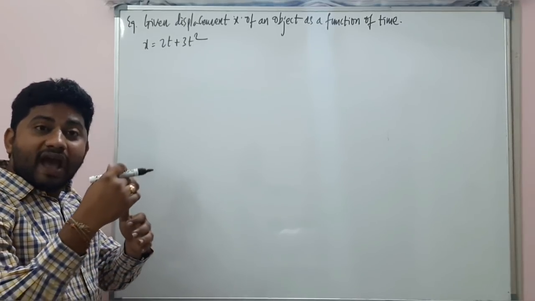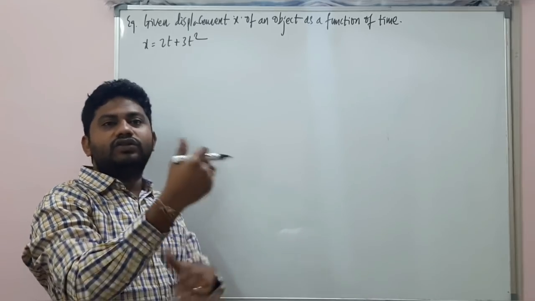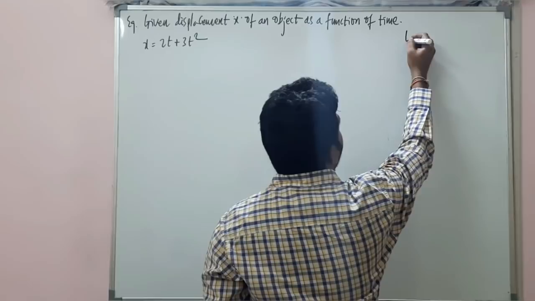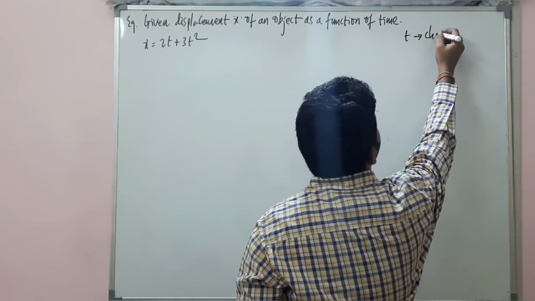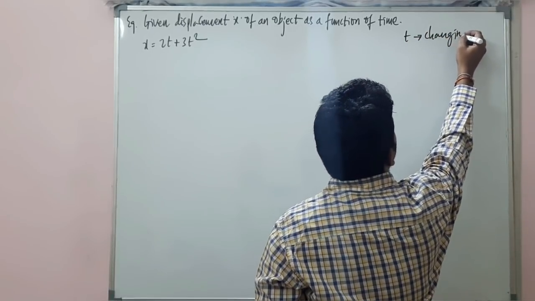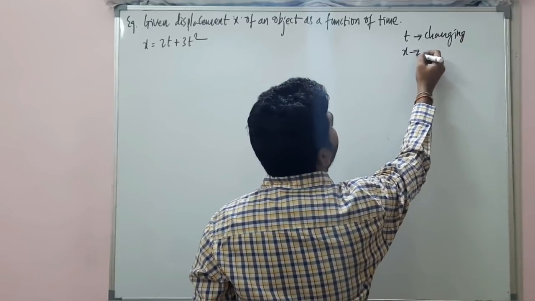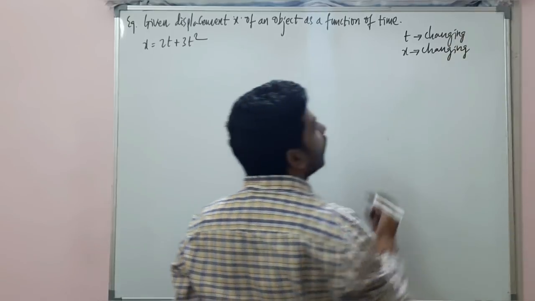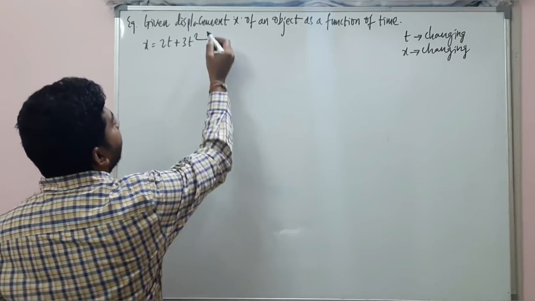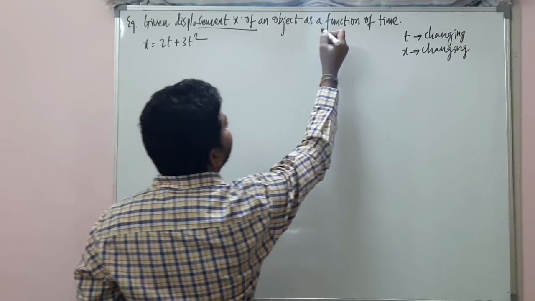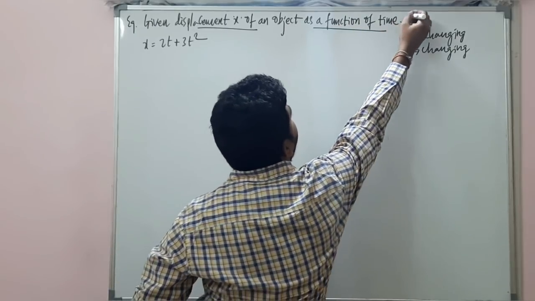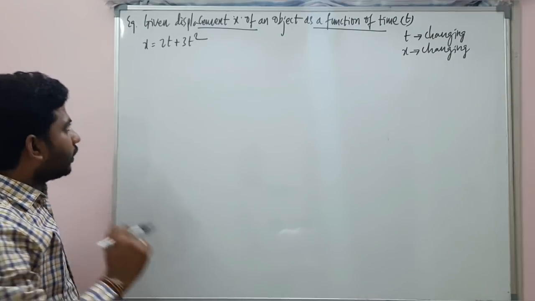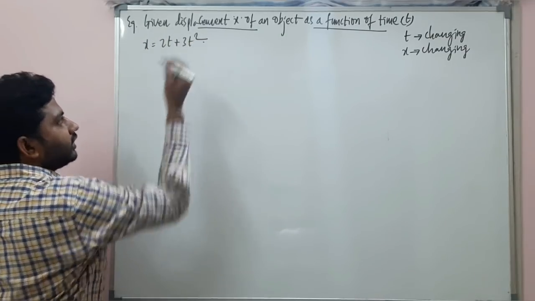So as the t value is changing, definitely the x value also keeps on changing. That is called displacement x as a function of time t.